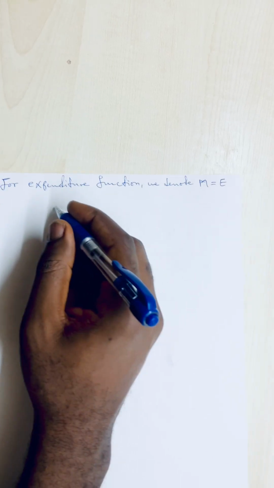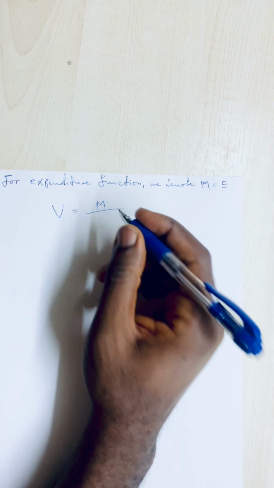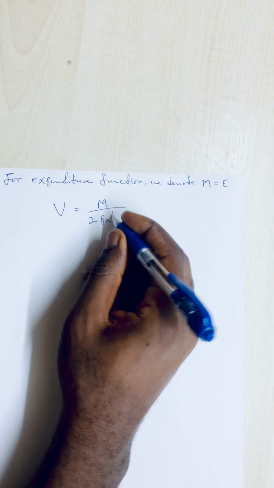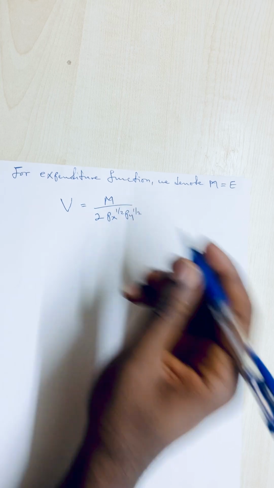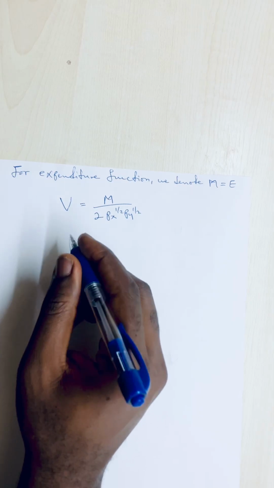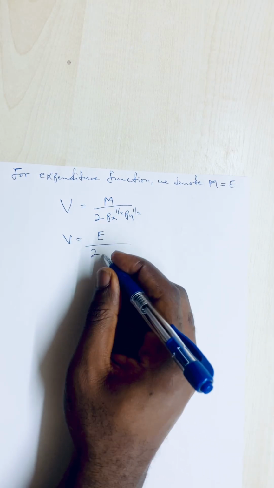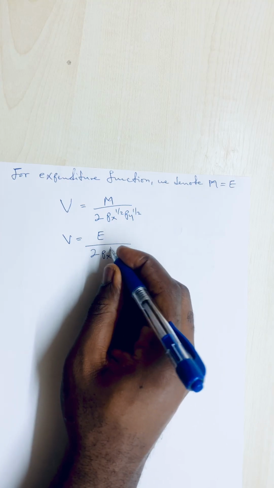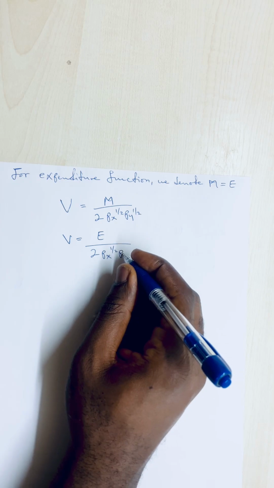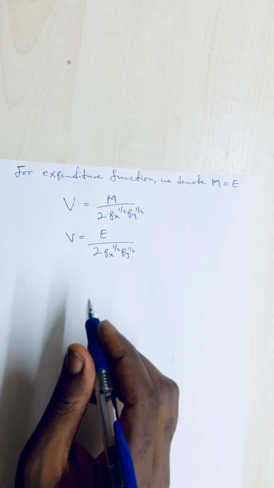But we know that V, which is the consumer's indirect utility, is given as E over 2 px half py half. So all you need to do is replace M here first. So you have V is E over 2 px half py half. If you want to solve for E, you cross multiply.